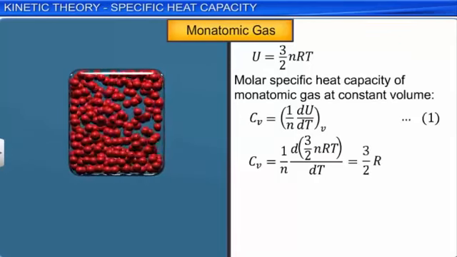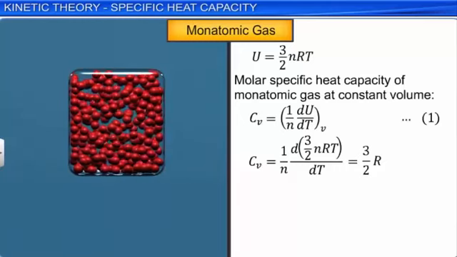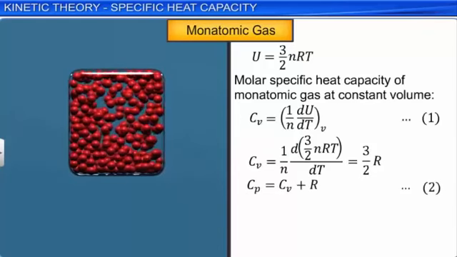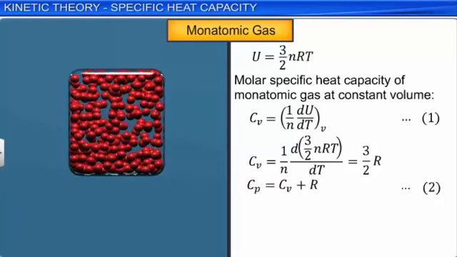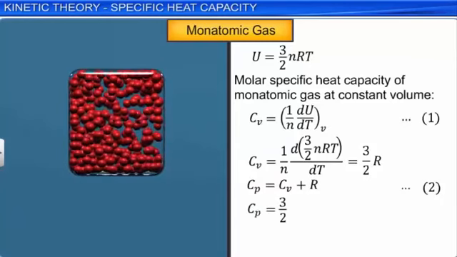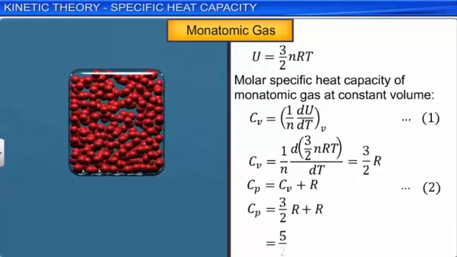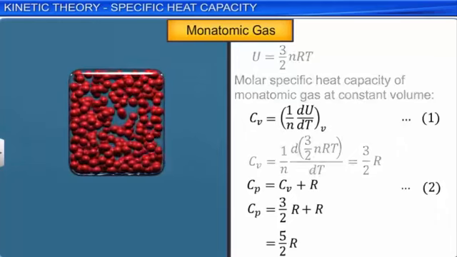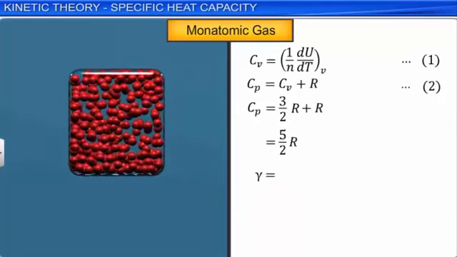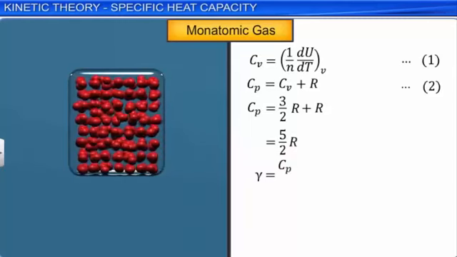As per equation 2, we get Cp is equal to Cv plus R. Hence, Cp is equal to 3/2 R plus R, which is equal to 5/2 R. Gamma is equal to the ratio of the specific heat capacity at a constant pressure, Cp, to the specific heat capacity at a constant volume, Cv.